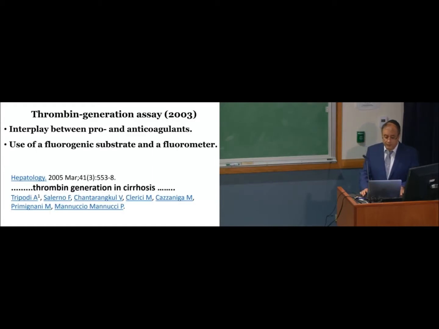And in 2005, a group from Milan decided to assess the enzymatic side of coagulation. That would try to give us some indication of when FFP is required, when it should be given to cirrhotics. So they used the assay to measure thrombin generation in cirrhotics.